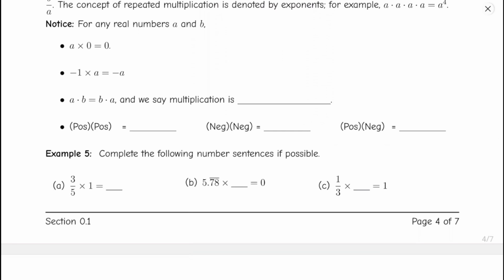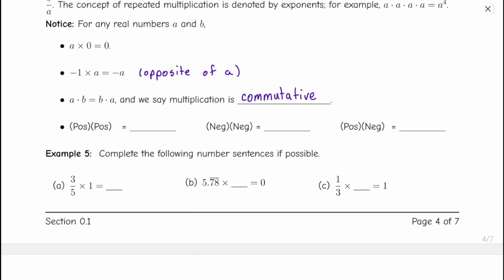Negative 1 times a equals negative a, or the opposite of a if you remember. A times b equals b times a, and we say that multiplication is commutative. So just like addition, we get the commutativity property.